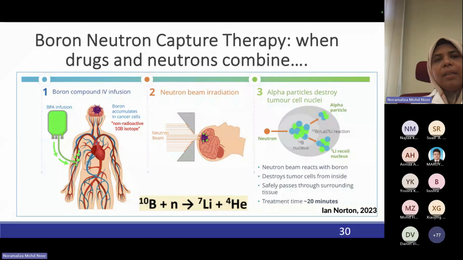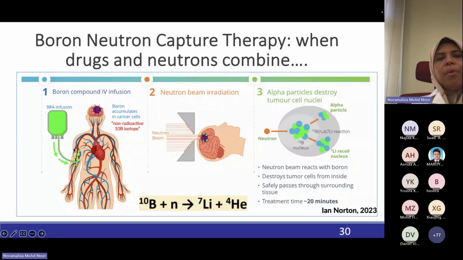So, and then another use of radiation in therapy is boron neutron capture therapy, where a drug and neutrons are combined. In this case, usually we inject the non-radioactive boron-10 isotope through the IV.